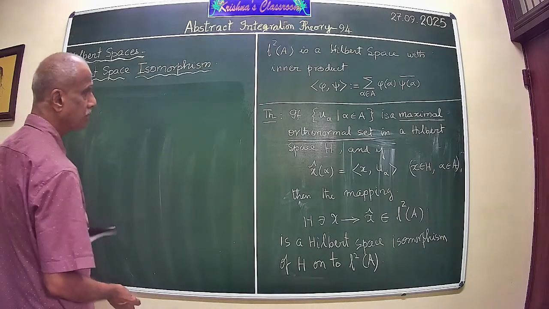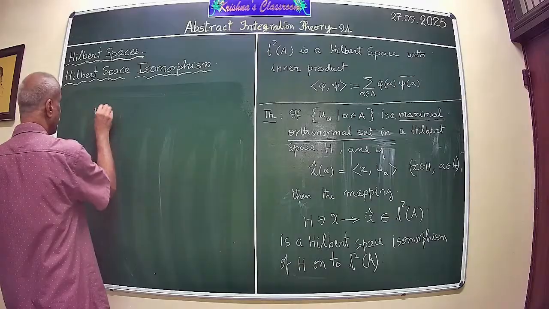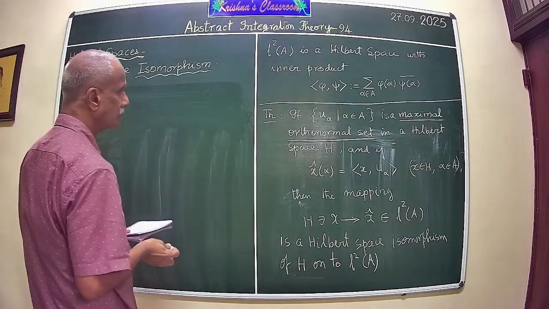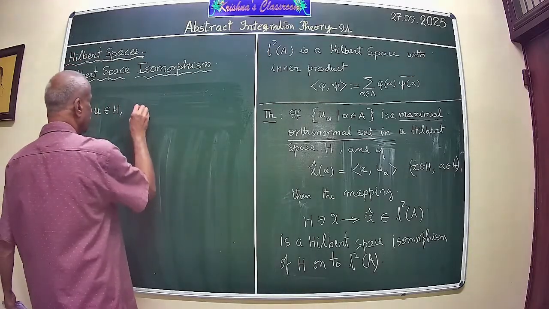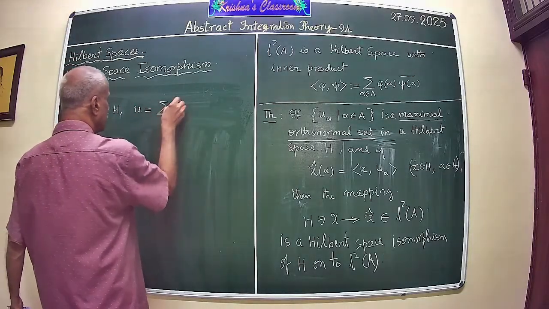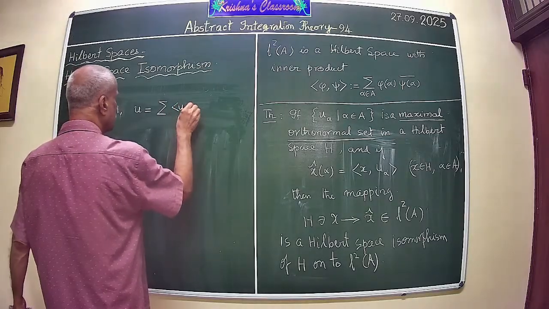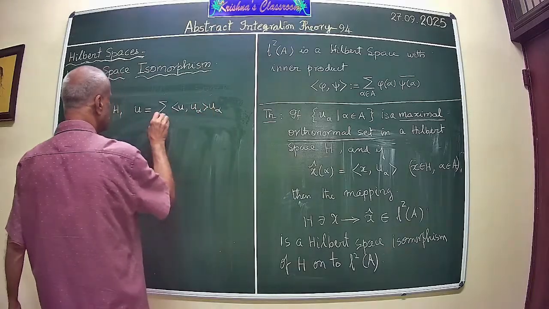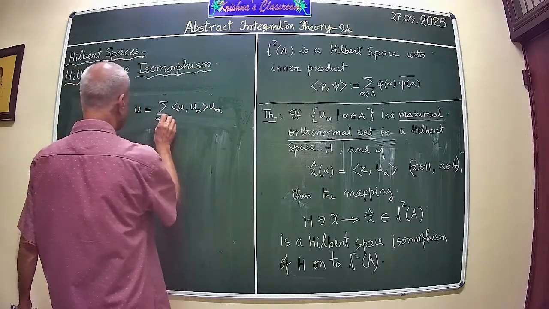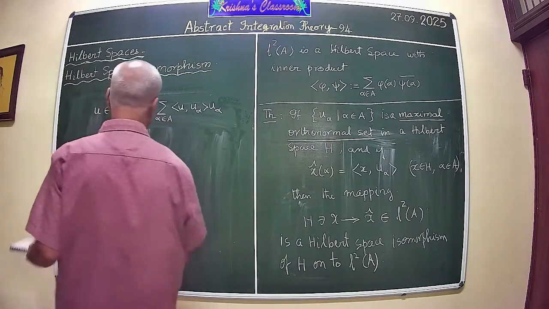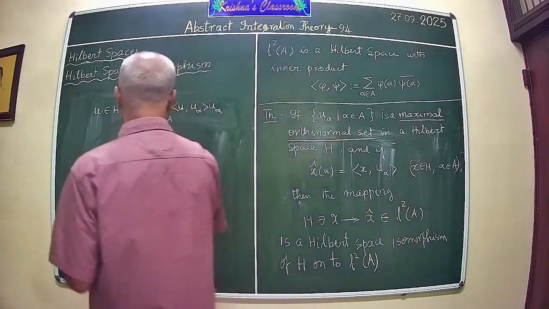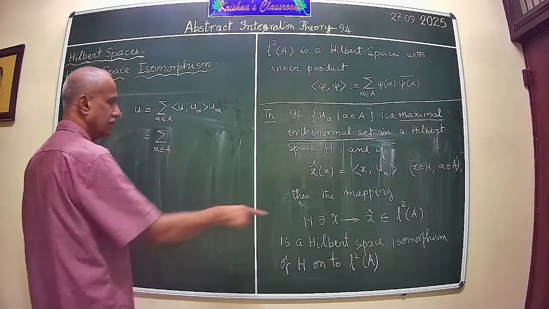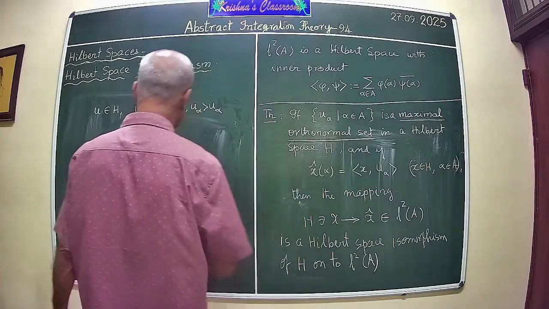If u belongs to H and u equals the sum over alpha belonging to A, then you are identifying u with x hat alpha, by our notation.